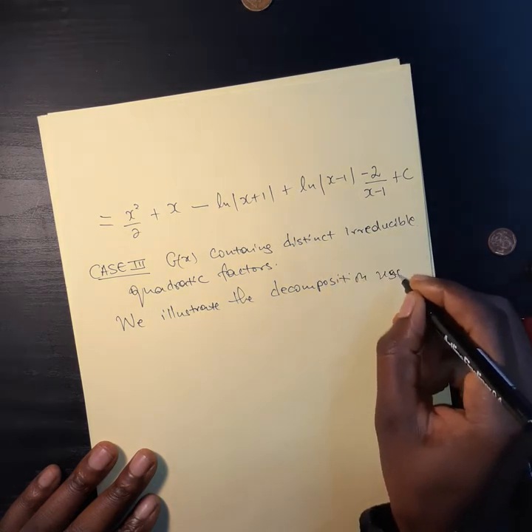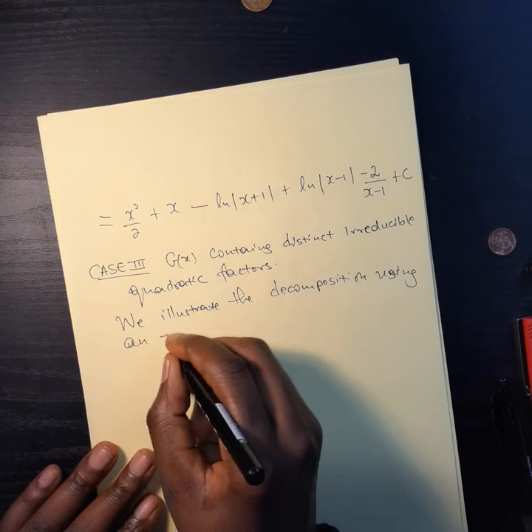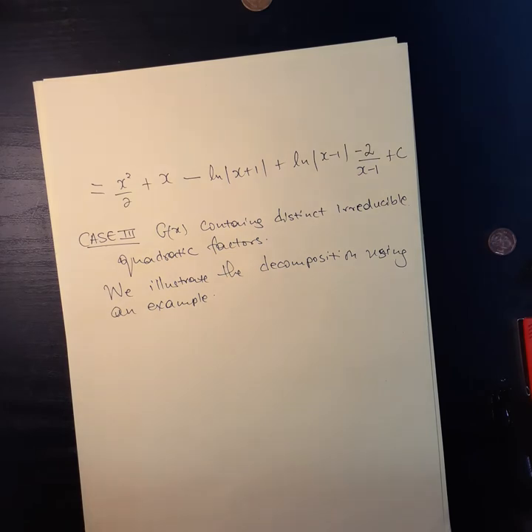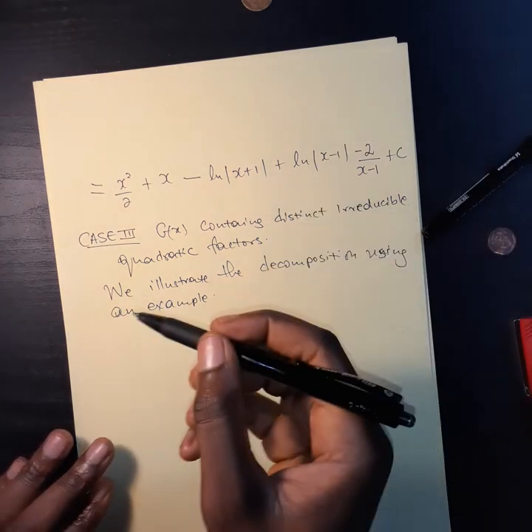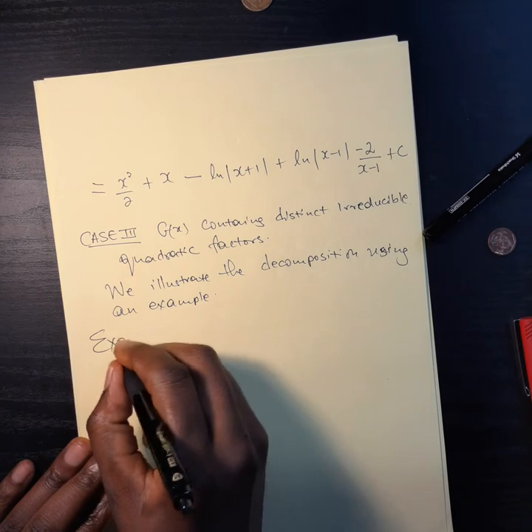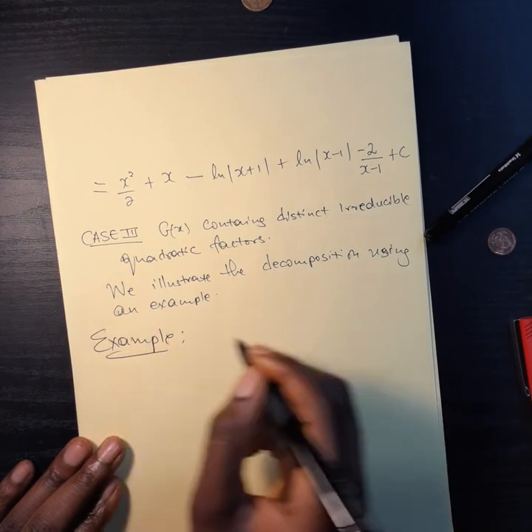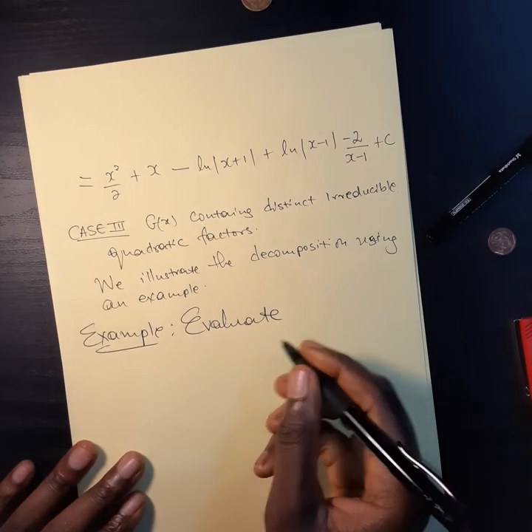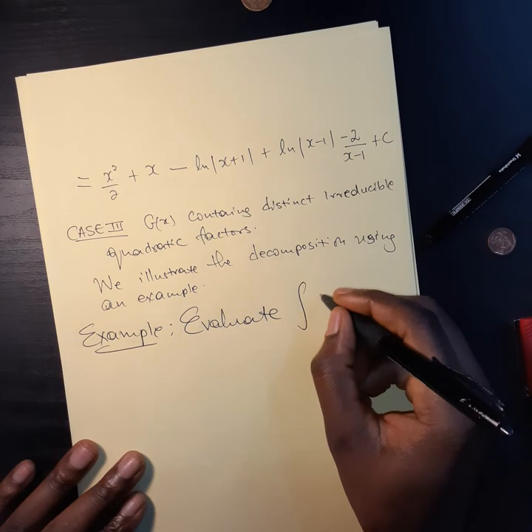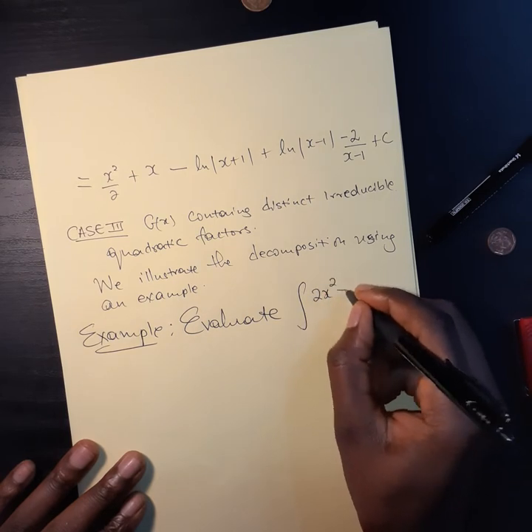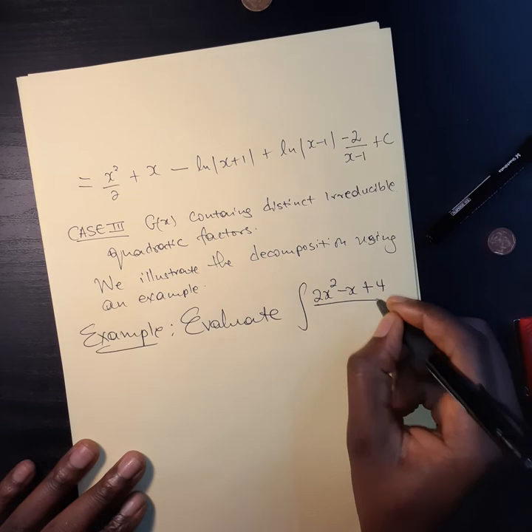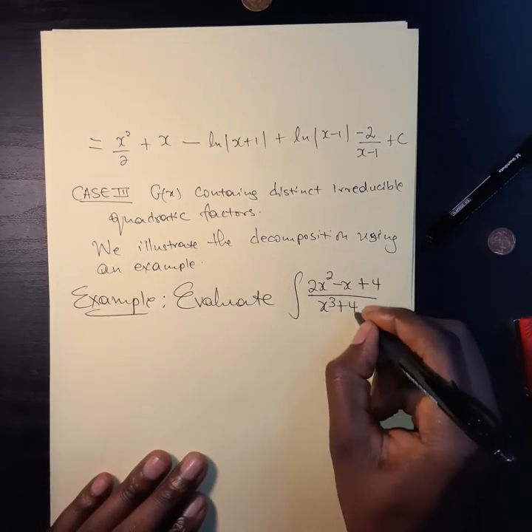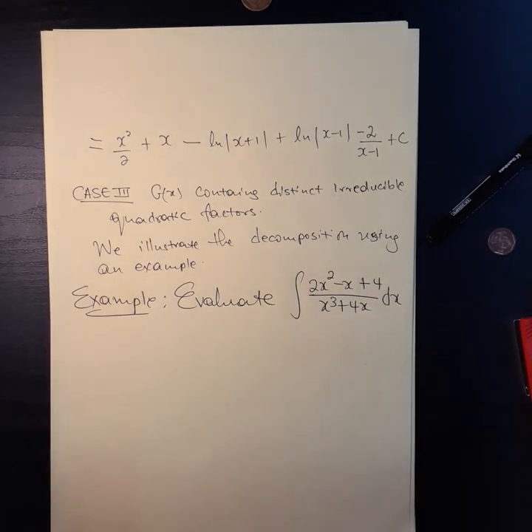So let us take as an example a situation where they say evaluate the integral of 2x squared minus x plus 4 divided by x cubed plus 4x dx, like that.